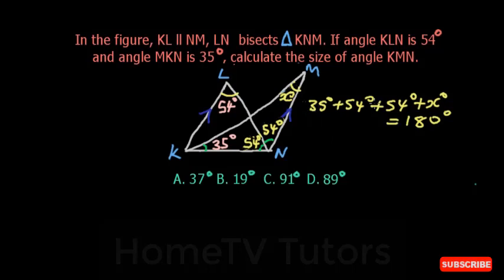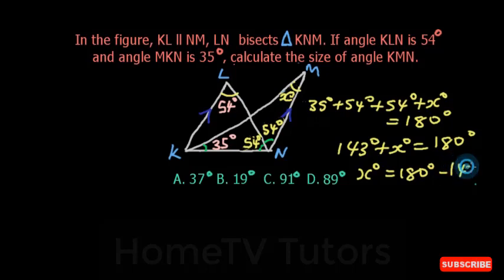So by the time we add these degrees together, we have 143 degrees plus X, which is equal to 180 degrees. So we move the 143 degrees to the right, we have 180 degrees minus 143 degrees, and that gives us 37 degrees. So the answer option A is the right answer.